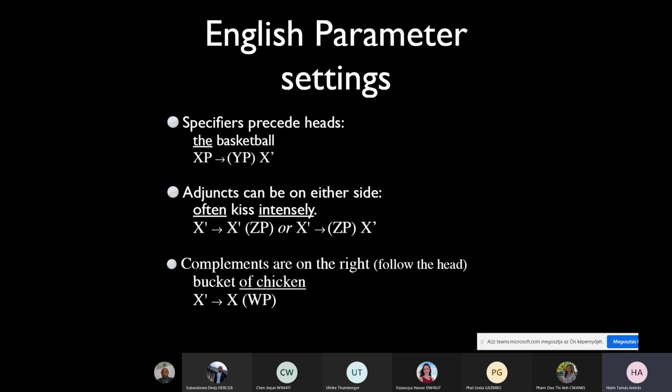Adjuncts can be on either side of, not the head, sorry, but the X-bar level, X-bar node. What about complements? Well, in English, certainly, complements are always on the right. So they follow the head. So you can have a bucket of chicken, but not of chicken bucket.